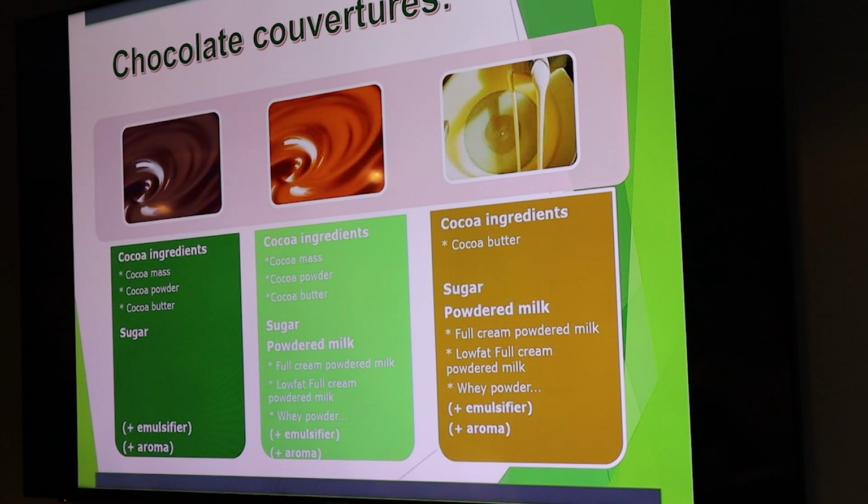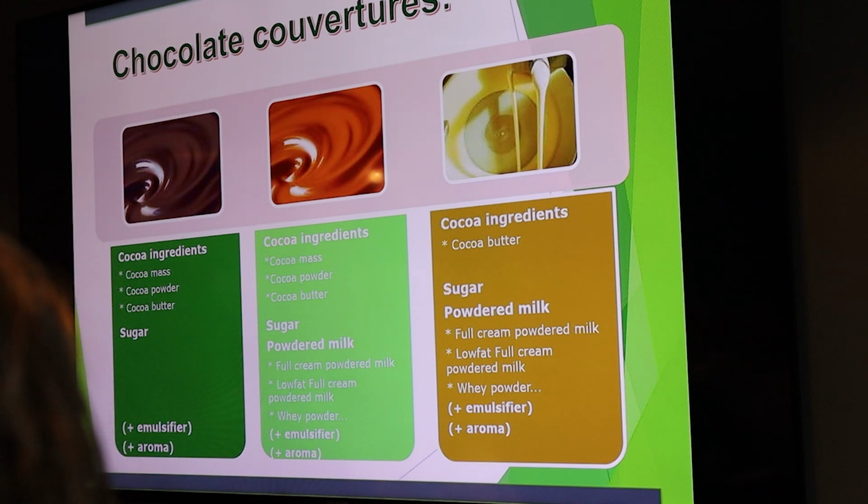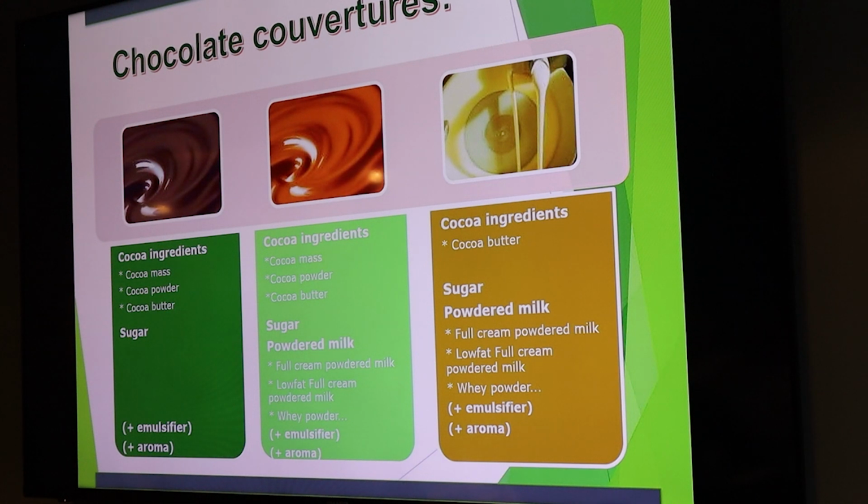You can easily see it with, for example, our gold chocolate or the white chocolate changing color, because if you put too much light on it, it will automatically change because the milk powder will start to denaturate. Does it make sense? Mm-hmm.